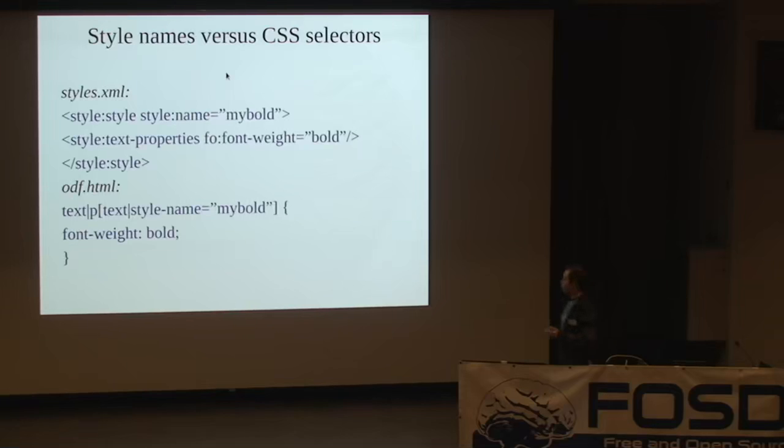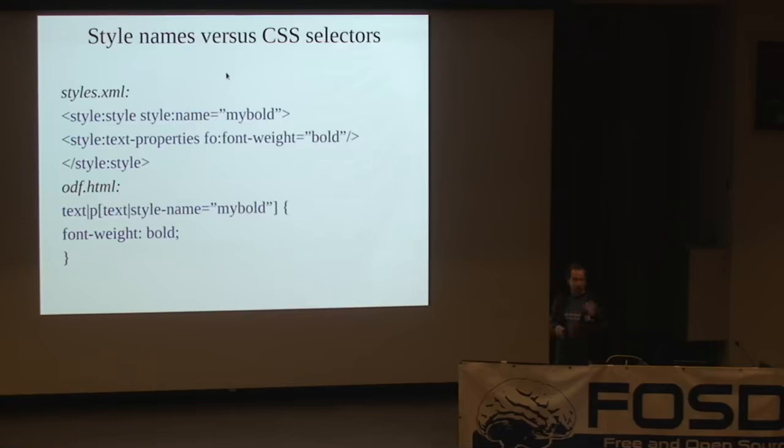This top part is an extract from styles.xml, and it defines a style called myBold, and basically what it says is, okay, text property, this is bold. And then below you see how we would convert this so that the browser shows this properly. You see text|p. Now the pipe is the equivalent of the colon in XML.